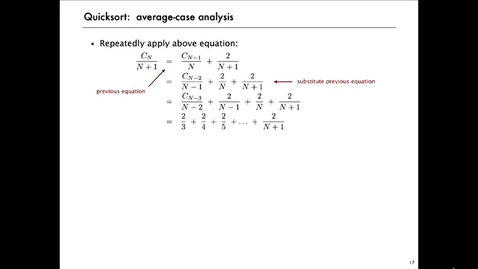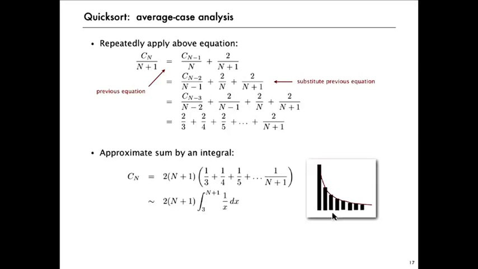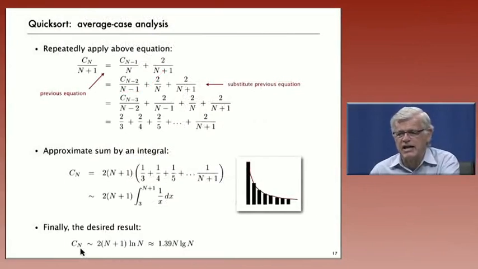Substitute the previous equation, telescope, and then that gives us an easy sum that we can approximate by an integral. It's 1 over x from 3 to n plus 1, and that's a pretty close approximation in this case. And that approximation gives us about 2 n plus 1 natural log n comparisons for Quicksort, about 1.39 n log n.